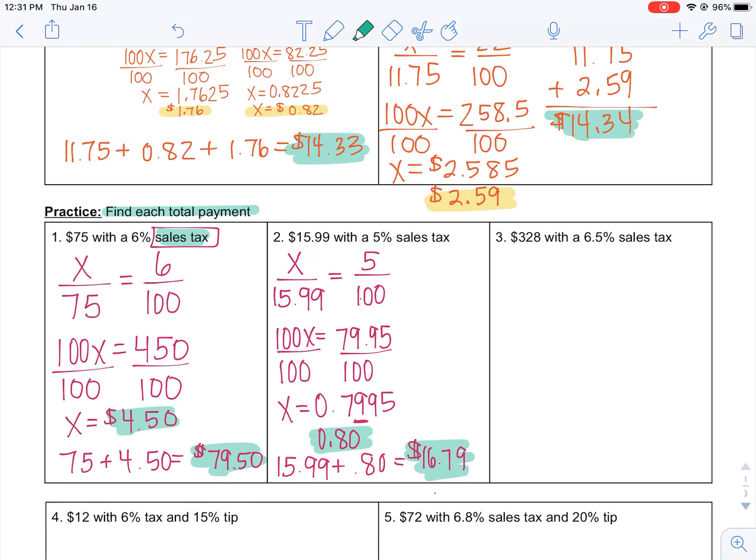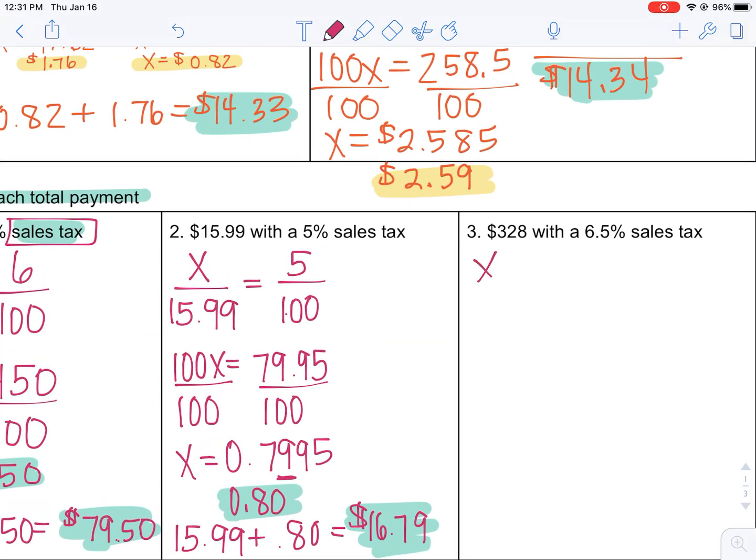$328 with a 6.5% sales tax. So I'm finding the part over the whole amount, $328. And yes, you leave this as 6.5 over 100. No need to change it. 100x is 328 times 6.5, which gives us 2132.